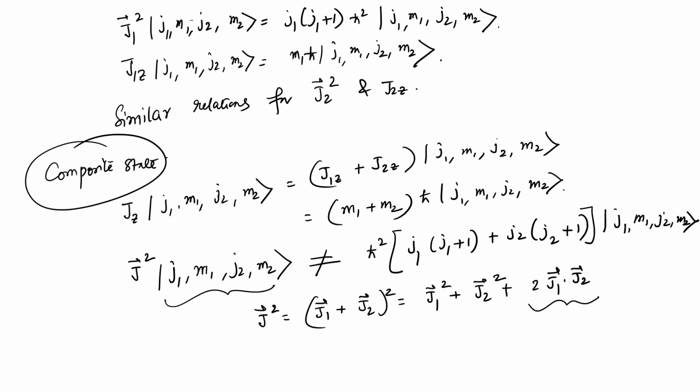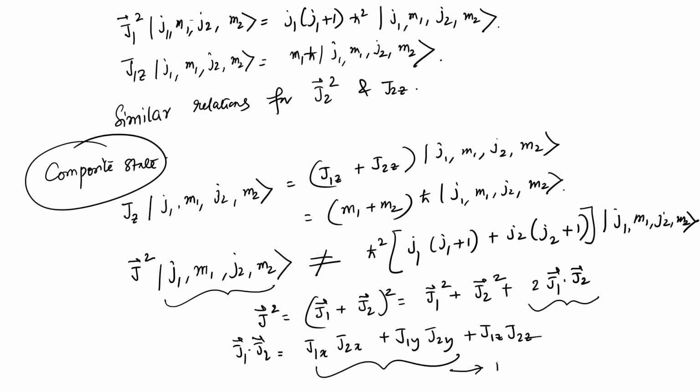So, now we have the term 2 J1 dot J2, let me write it explicitly. Let us forget the 2 factor at the moment, but we have J1x J2x plus J1y J2y plus J1z J2z, and these do not commute with either J1Z or J2Z.